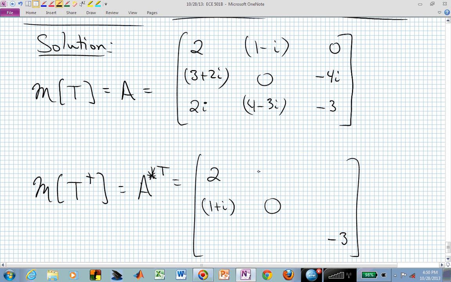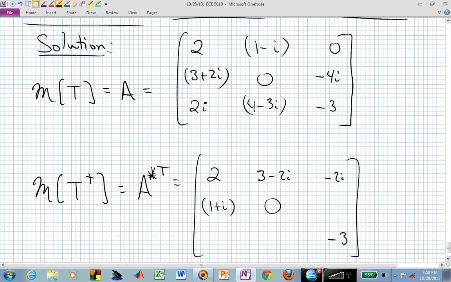That means that this guy, the 1-2 entry, better be 3 minus 2i. What about the 1-3 entry? That also has a minus 2i and no real part. Is everybody okay with where these are coming from?